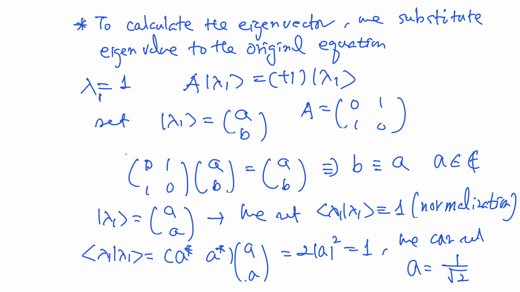Then we have |λ1⟩ as 1 over square root of 2 times (1, 1), right? And of course, λ1 is equal to plus 1.